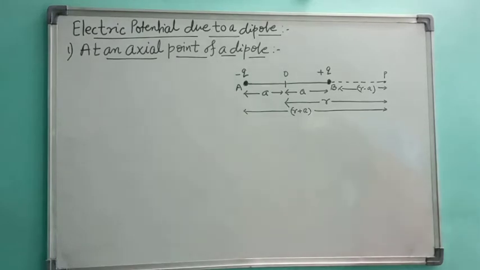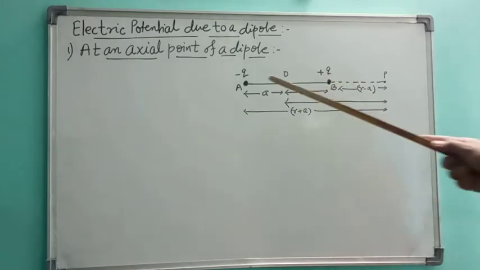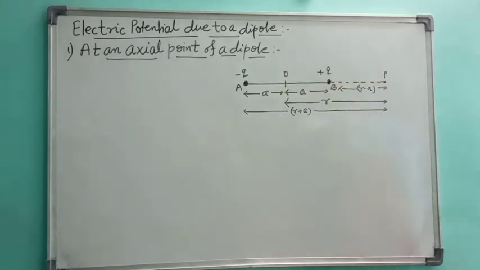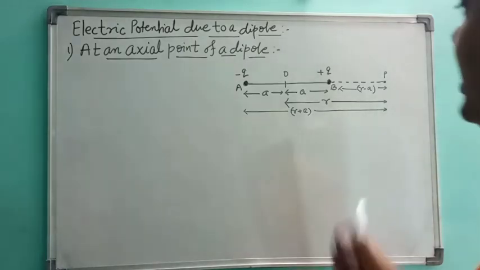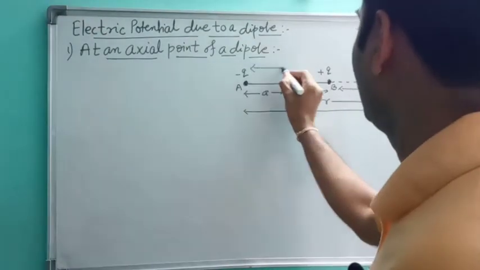Now write down the first point. We consider two point charges, minus q and plus q, separated by a distance 2a. The total distance is 2a.